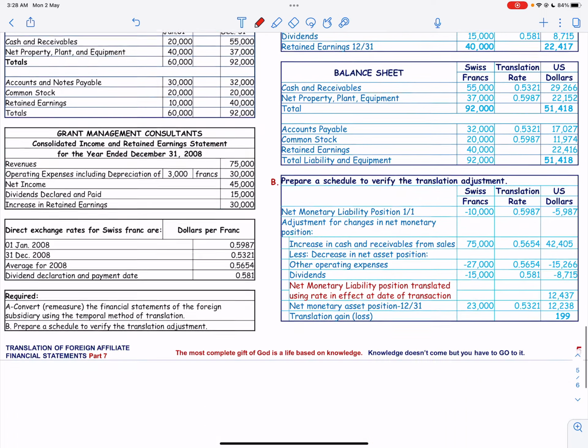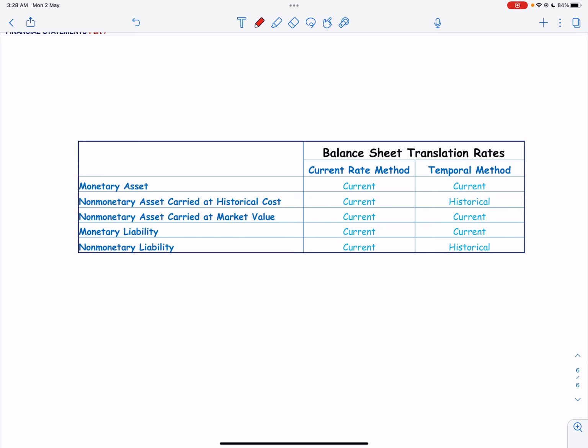Finally, I would like to look at the difference between the current method and the temporal method. The only difference is that we are using monetary assets and liabilities, and we are using non-monetary assets and liabilities in our calculations.